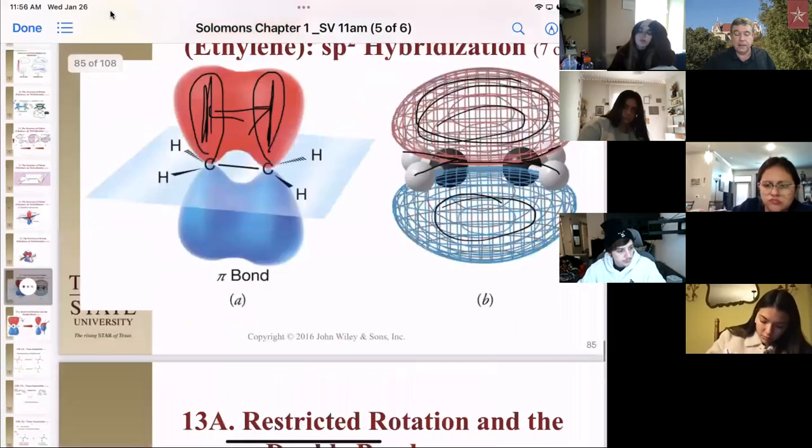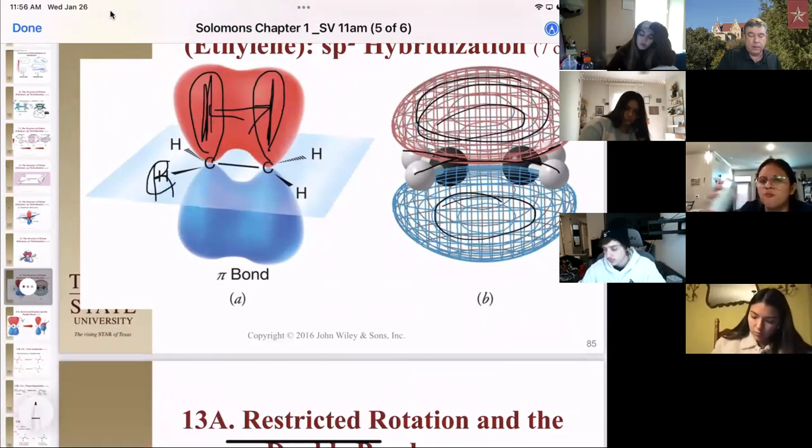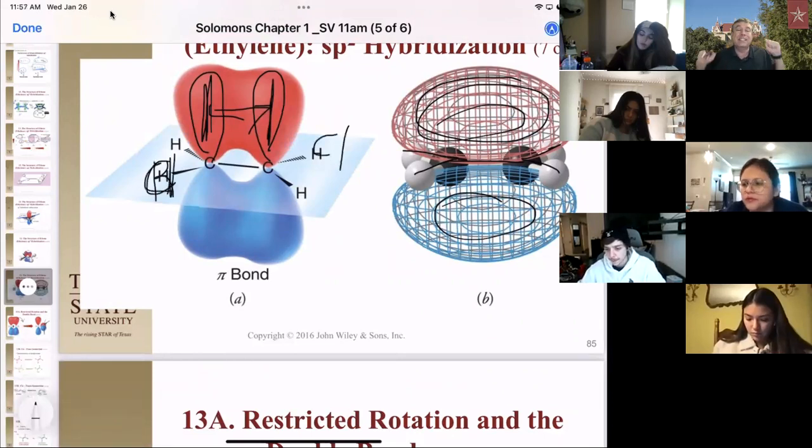So in this case here, once we have our pi bond, let's say we had, let's call it chlorine here and a chlorine here. Those chlorines are going to stay exactly in that position because there's no free rotation around there.